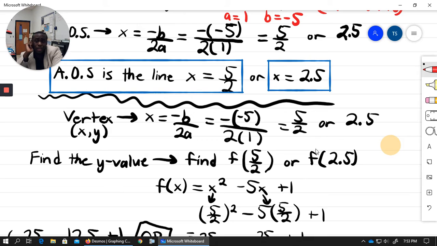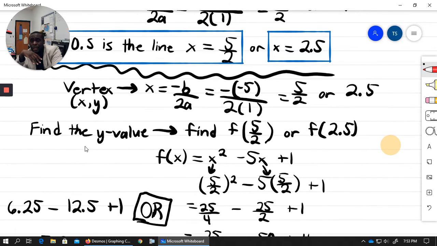But anyways, the vertex is going to have the same x value as the axis of symmetry, and then you're going to have to find that y value. Again, folks, once you got that x value of the vertex using that formula, you're going to find the y value.